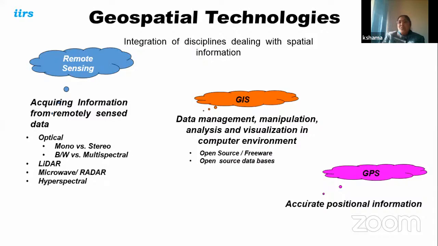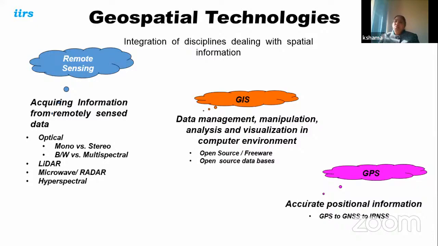Now, if we talk about GPS, it provides you accurate positional information. Earlier, GPS basically was the Global Positioning System. America has that system, that's why we know it as GPS. And it has transcended to the Global Navigation Satellite System, because now many countries have their own navigation satellite system.